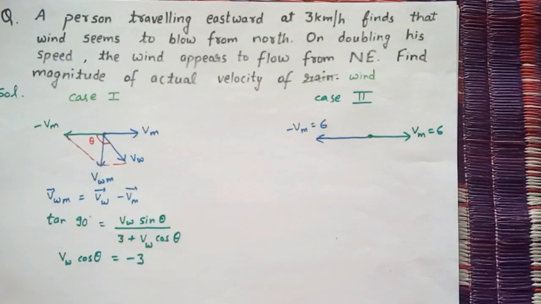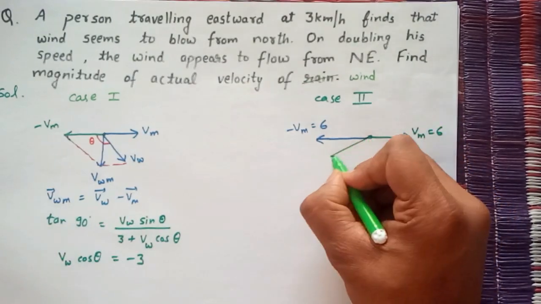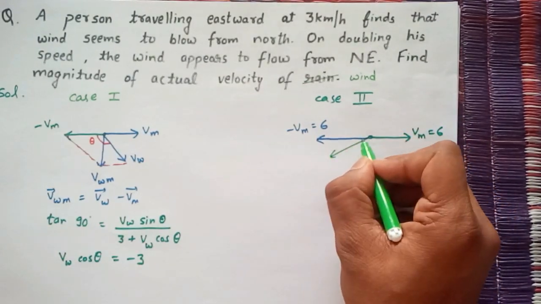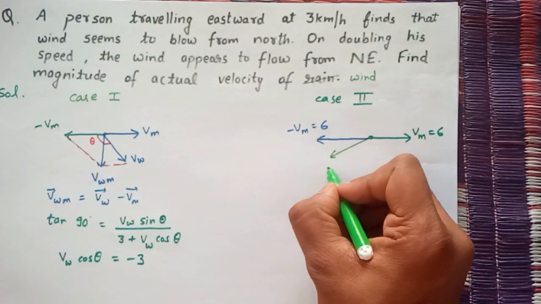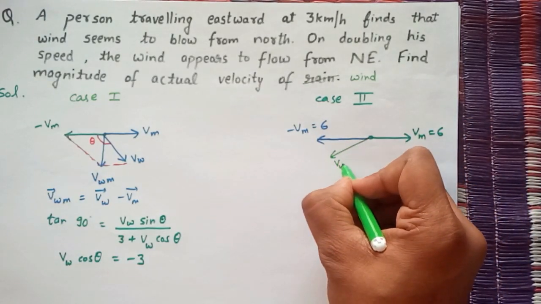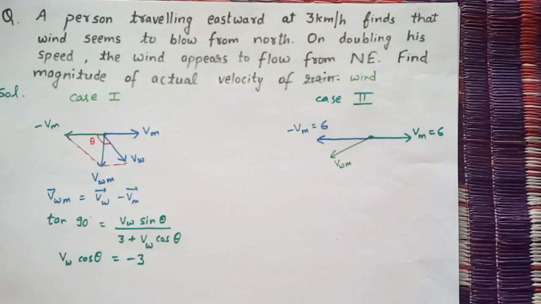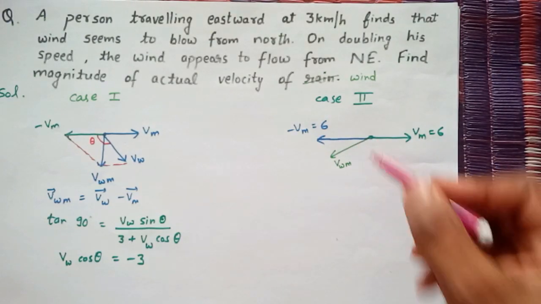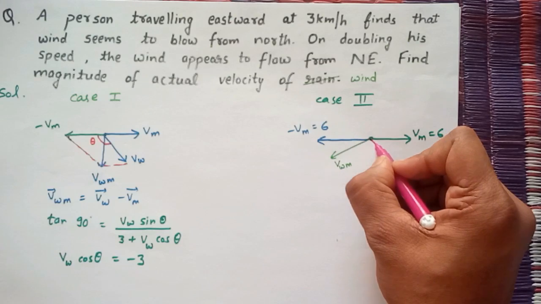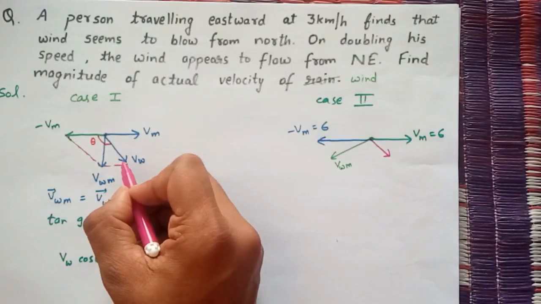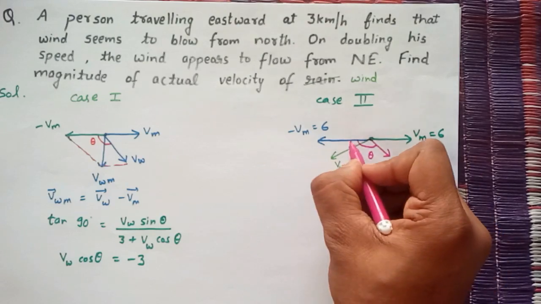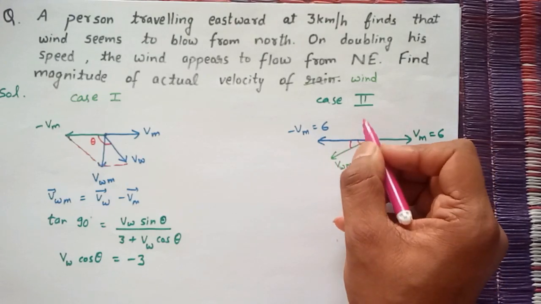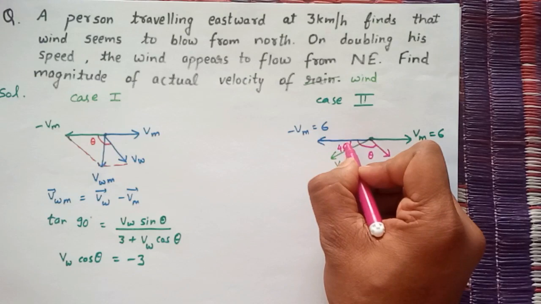So wind is coming from northeast, so this one direction will be northeast, and this is velocity of wind with respect to man. But actually the wind will flow in the same direction like this, and again this whole angle is theta according to question, and if it is coming from northeast, then we know that it is the angle of 45 degree.